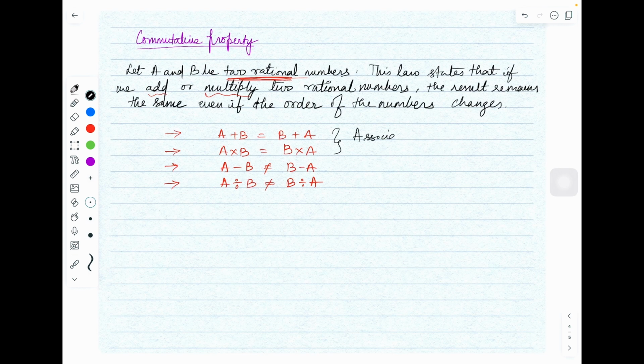Associative property is also there, but here we are discussing the commutative property.